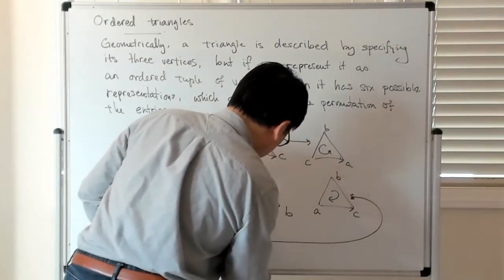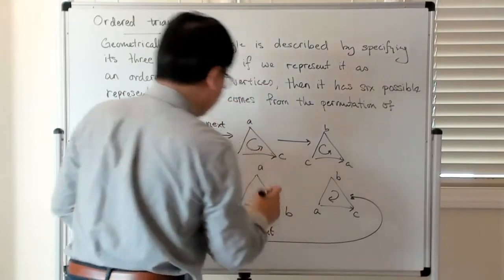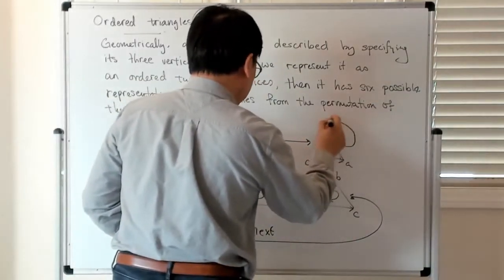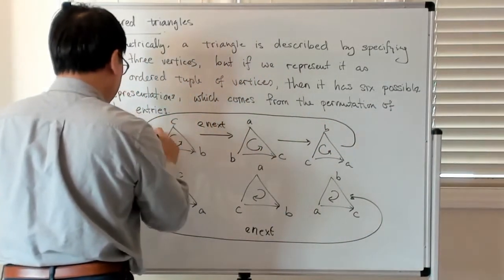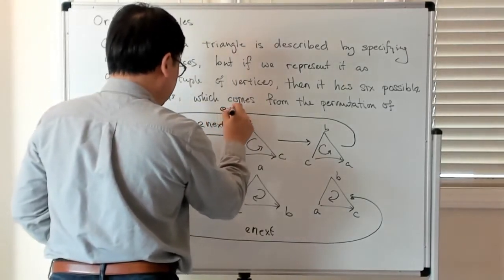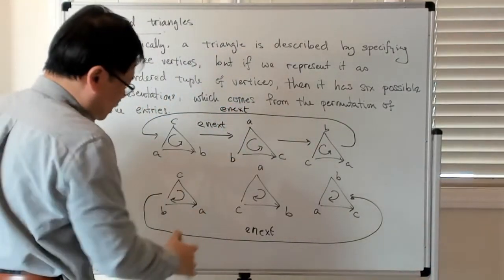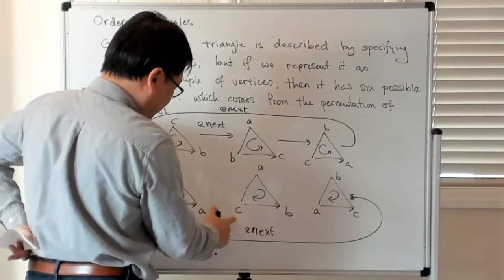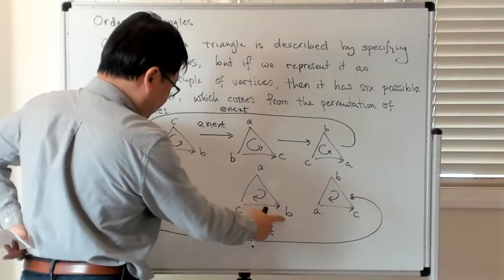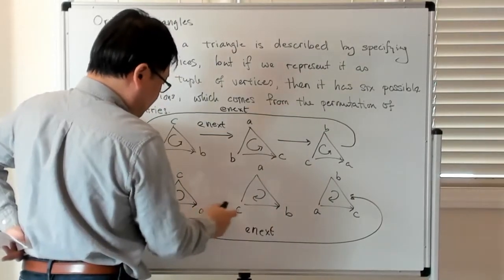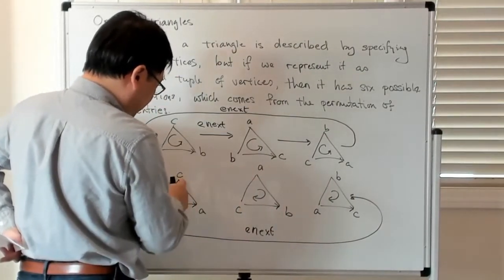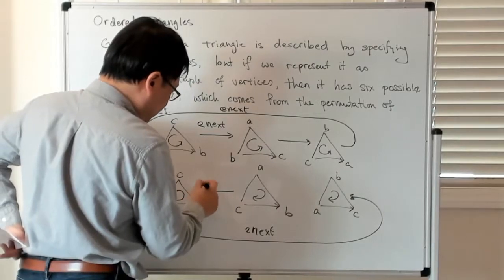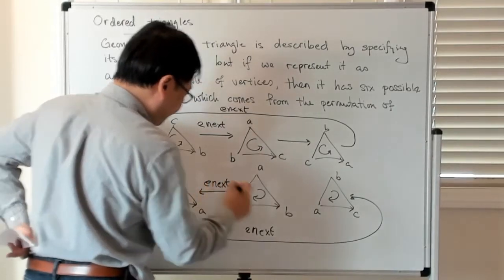So this is the E-next. I should have said that this operation also goes around this way. And then here, C gets mapped to B, right? C becomes B, B becomes A, and then A becomes C, right? So this goes in this opposite direction here.